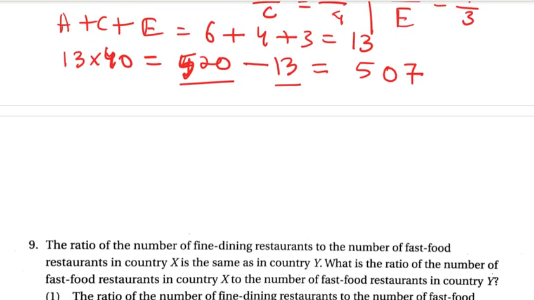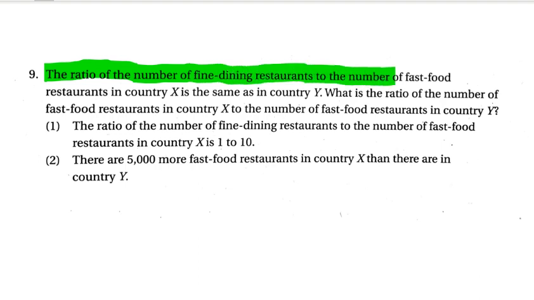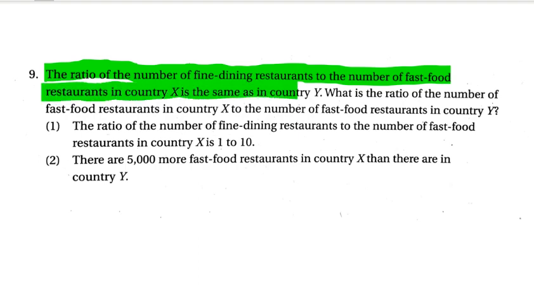Moving on to the next question, let's read this question. This question is not easy, so I would expect you all to follow when I'm highlighting and reading, because I will go ahead part by part. It says the ratio of the number of fine dining restaurants to the number of fast food restaurants in the country X is same as in the country Y. So if I am to write that, the ratio, it says, right?